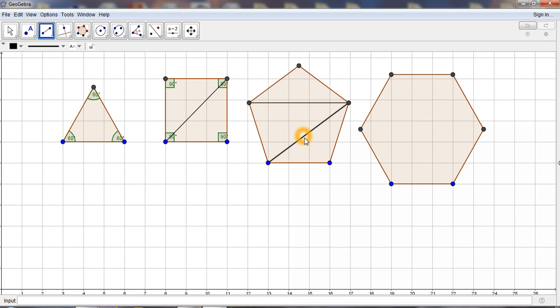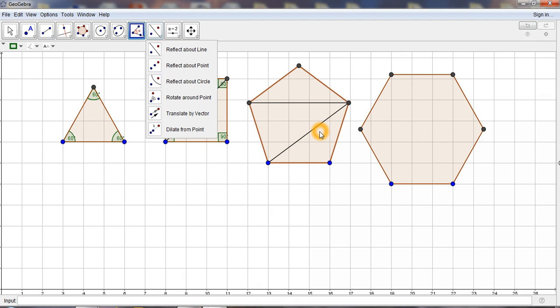Now let us locate the interior angles of our pentagon. Get angle from here, then we locate.